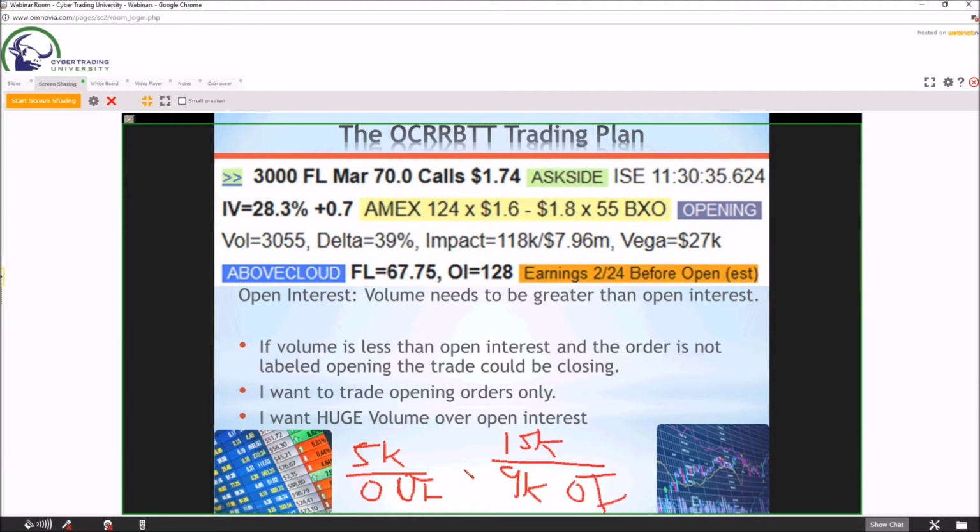Which of these two trades is more significant? Which one would I care more about? The larger order or the one that's larger relative to the open interest in the line?